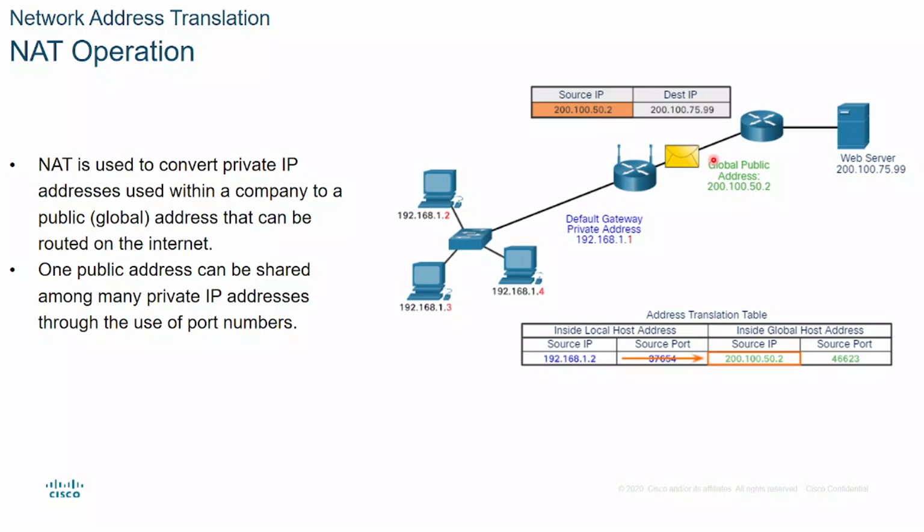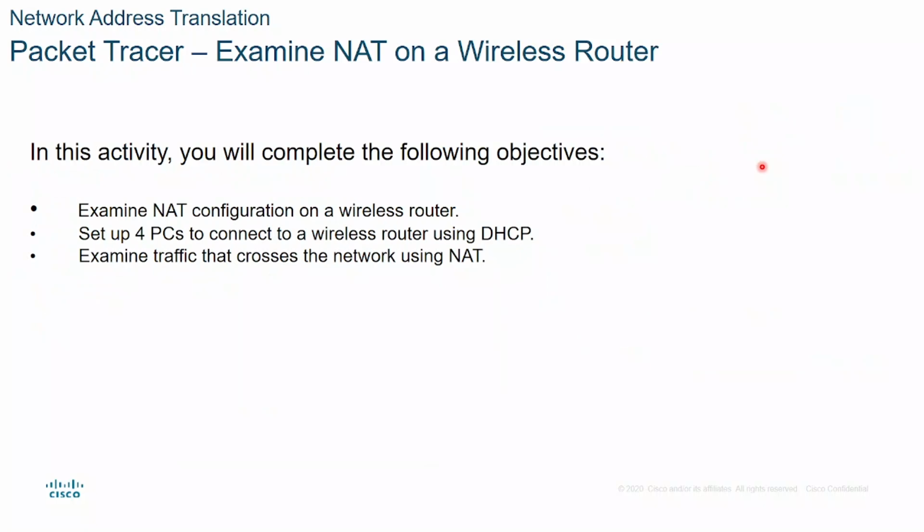This public IP address is recognized and sent through a port on the internet. So one public IP address can be shared among many private IP addresses through the use of port numbers. There's a Packet Tracer lab attached to this.